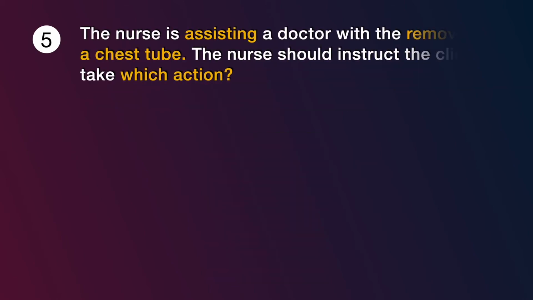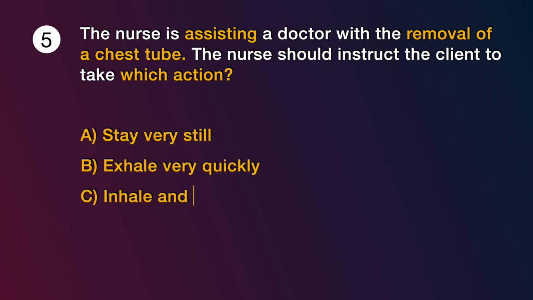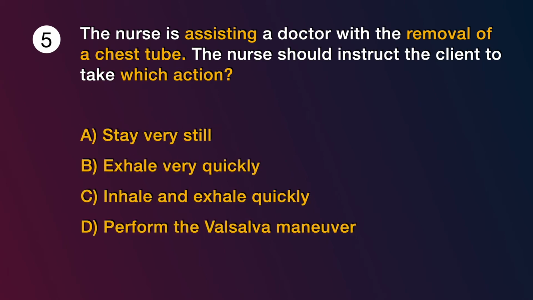Question number 5. The nurse is assisting a doctor with the removal of a chest tube. The nurse should instruct the client to take which action? Options are: stay very still, exhale very quickly, inhale and exhale quickly, perform the Valsalva maneuver. The correct answer is D. Perform the Valsalva maneuver.